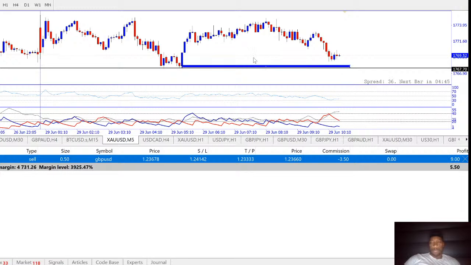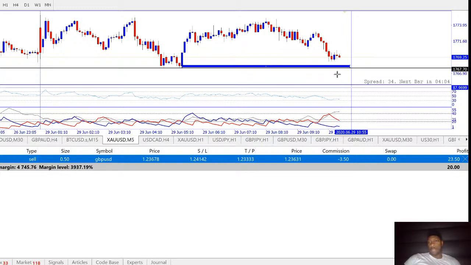So this shaded area that I drew in blue is like a support area. I see gold coming down to potentially test this area, and if it tests this area, it could either retrace off this area, which is 1767.70, and go back up, or it could reject this area, break down, and retest this area and continue to break down.